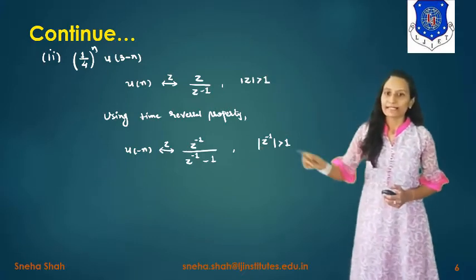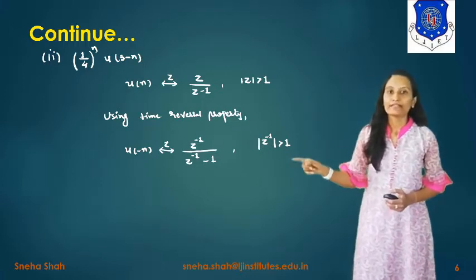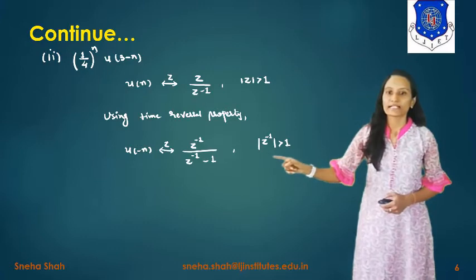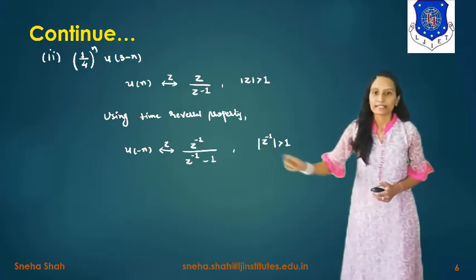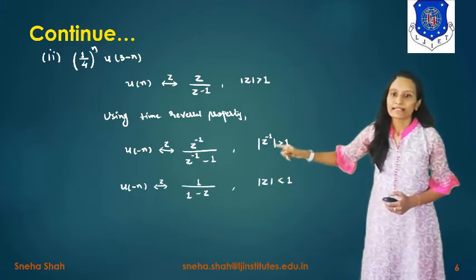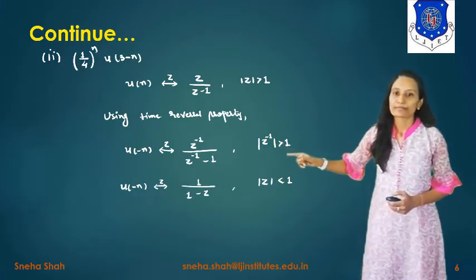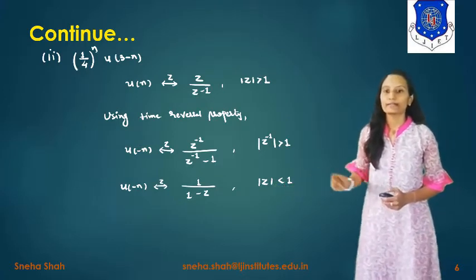So the term will be z raised to minus 1 upon z raised to minus 1 minus 1, and the ROC will be mod z raised to minus 1 greater than 1. Now if we simplify this, the term will be 1 upon 1 minus z, and this ROC is 1 by mod z greater than 1. It means the value of mod z should be less than 1.